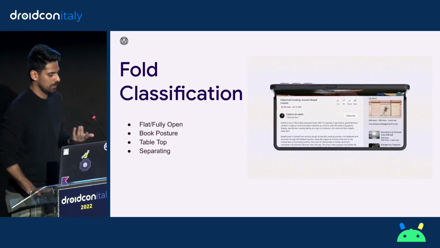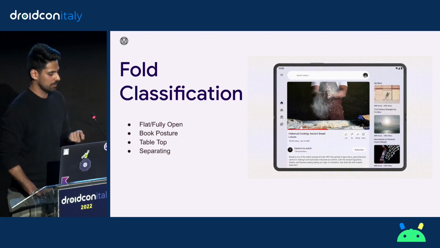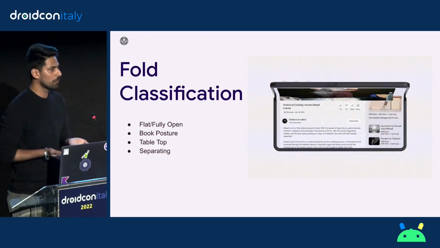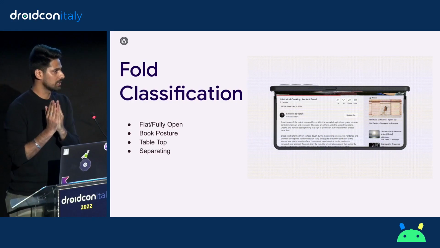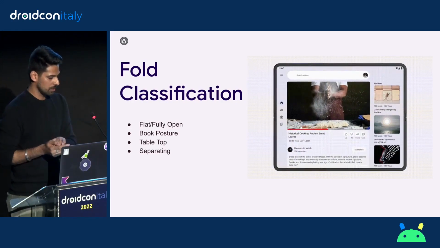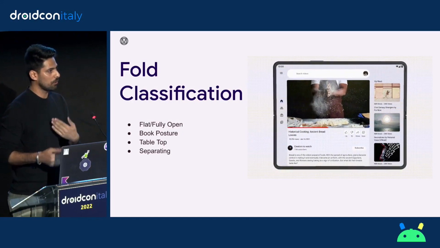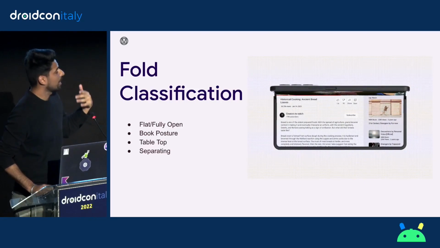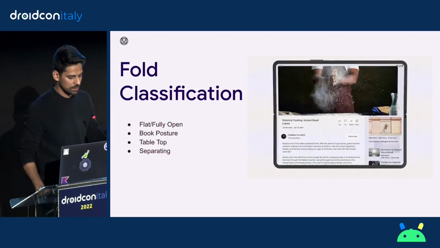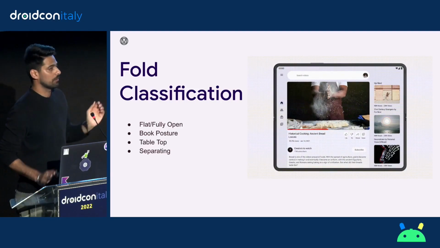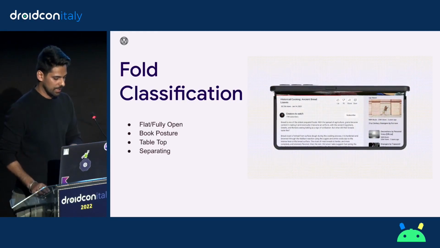Here we can classify if the fold is flat or fully open. If it's in a book posture, if I'm holding the fold like this, then it will be considered a book posture. And if it's a tabletop posture, as shown in this graphic, how you want your UI to react, and if it's separating, where you have a connecting hinge to it.